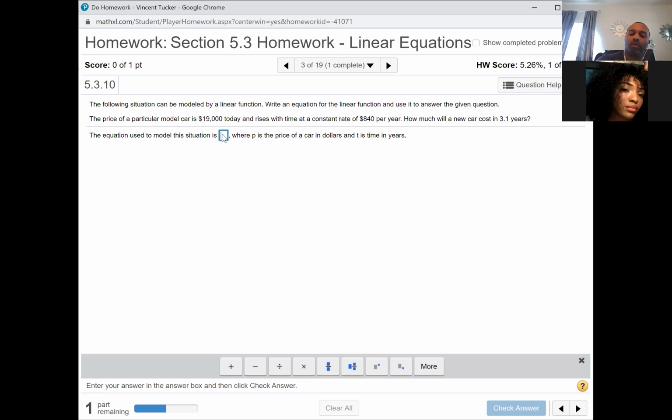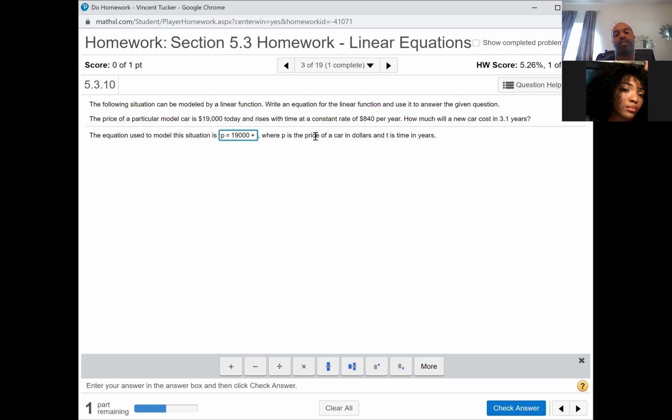So we're going to do P equals, because we want to be able to calculate the price. So P is going to be equal to, first we recognize that the car starts at $19,000. Now it's going to rise. So if it's going to rise, that means increase. So that's going to be a plus. Now if it was going to decrease or depreciate, then we would use a minus sign.